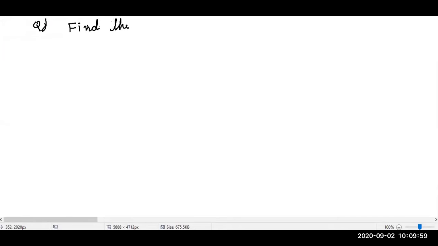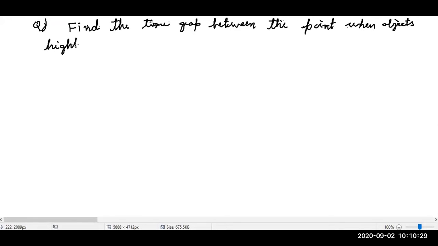Find the time gap between the point when object height is half the maximum height.